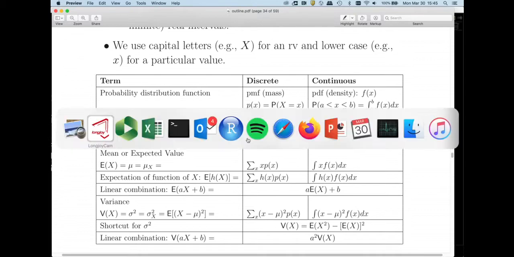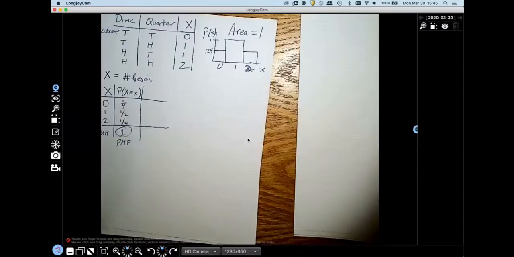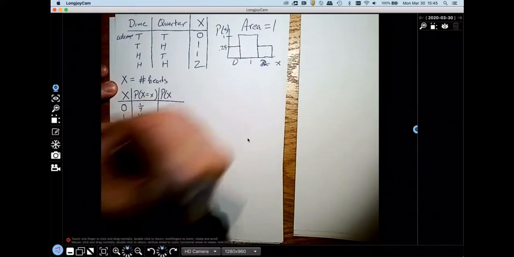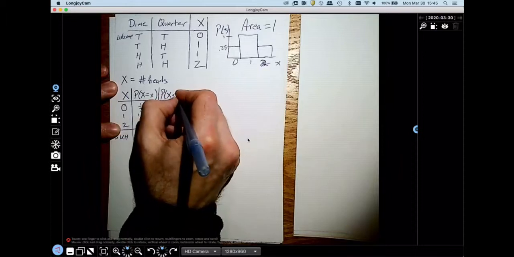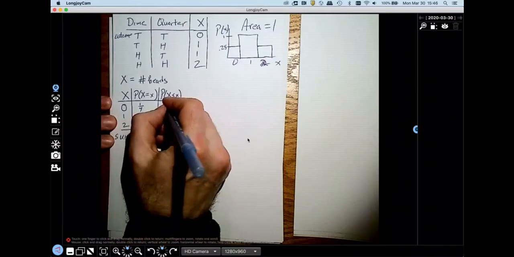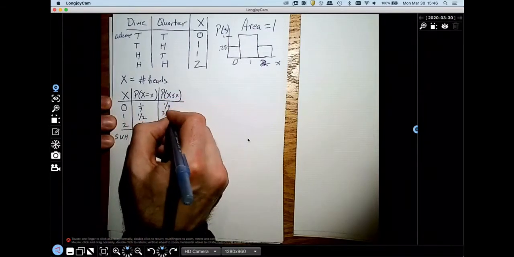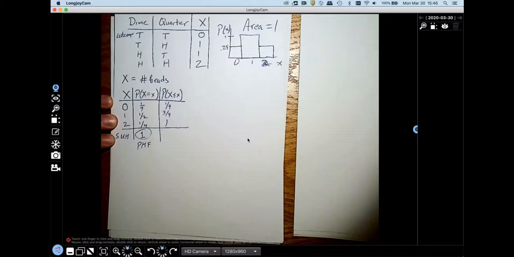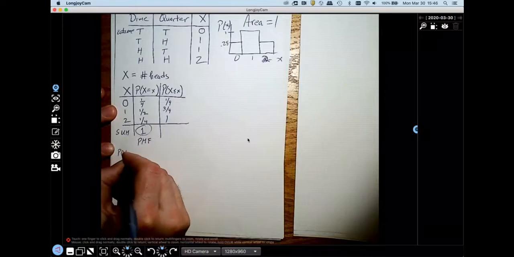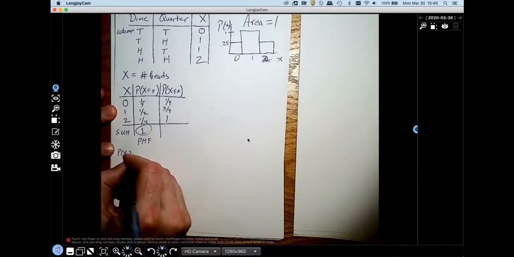So let's work out the CDF for my little toy problem here. The way we can write this is the probability that some random variable x is less than or equal to some little x value. So the CDF here is going to be 1/4, 3/4, and 1. Now we could do the exact same things that we were doing with our frequency distributions last week, and I could ask you questions like, what's the probability that x is greater than or equal to 1?